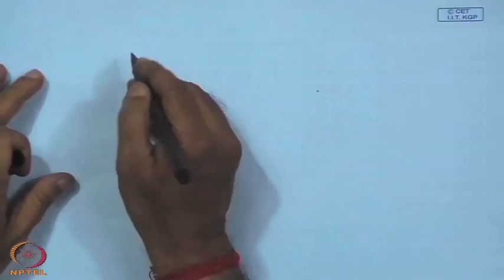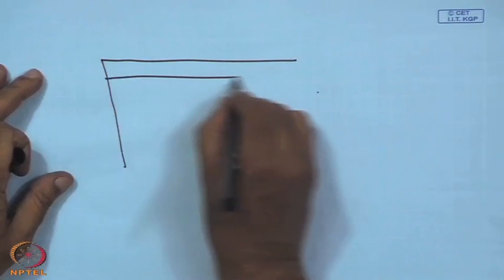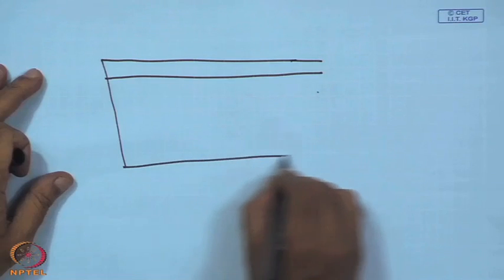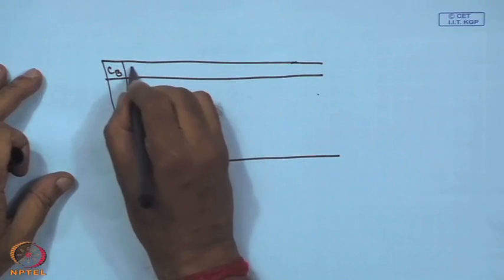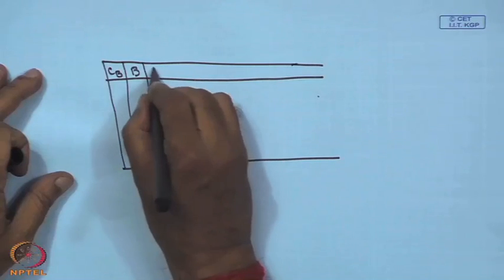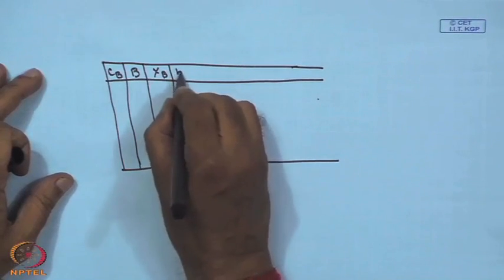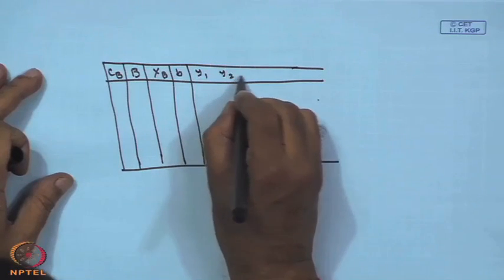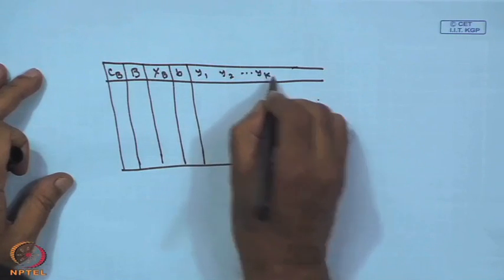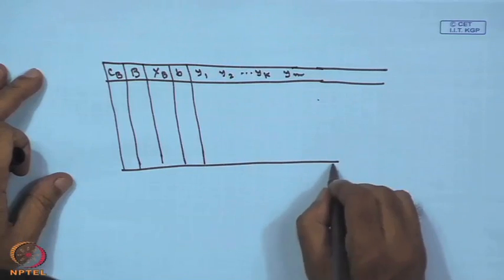Let us have the following table. I am just writing the following table here. You have CB, B, XB, and some variables y1, y2, like this way yk, up to ym. I am just dividing.